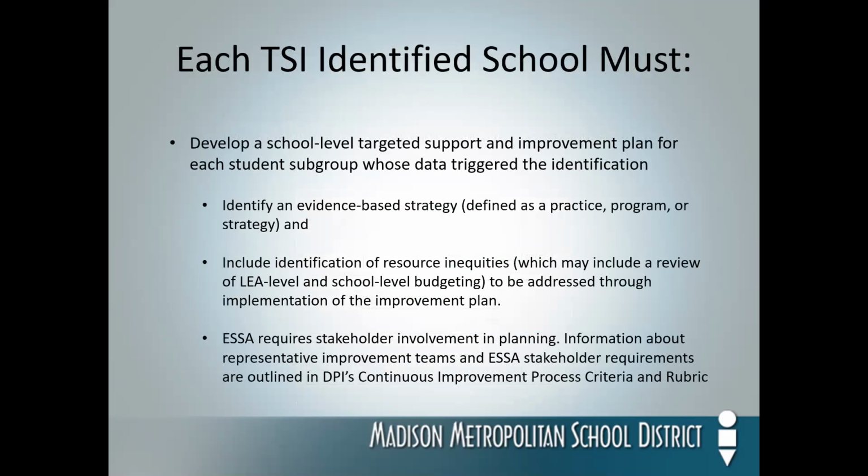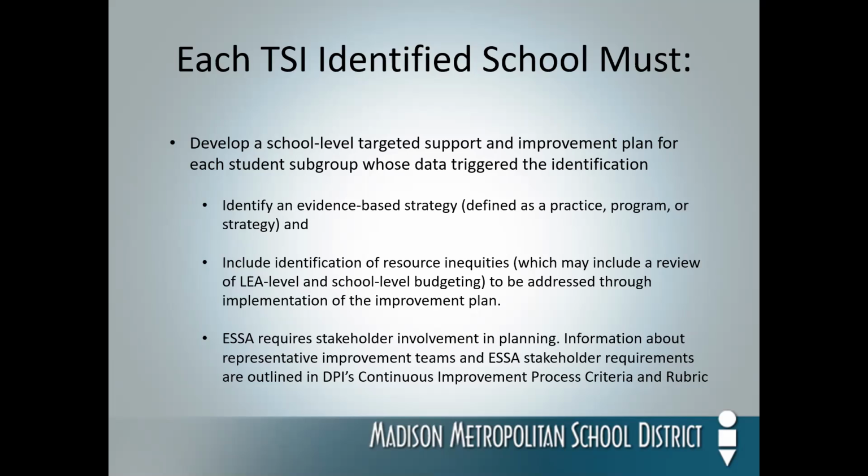Now, what do you have to do? Once you've been identified, you must develop a school-level targeted support and improvement plan, in other words, a SIP, for the group that has triggered the identification. Not specifically for that, but they must be one of the foci of your school improvement plan. In that, you need to identify what evidence-based strategy you're going to use with that group to move that group.